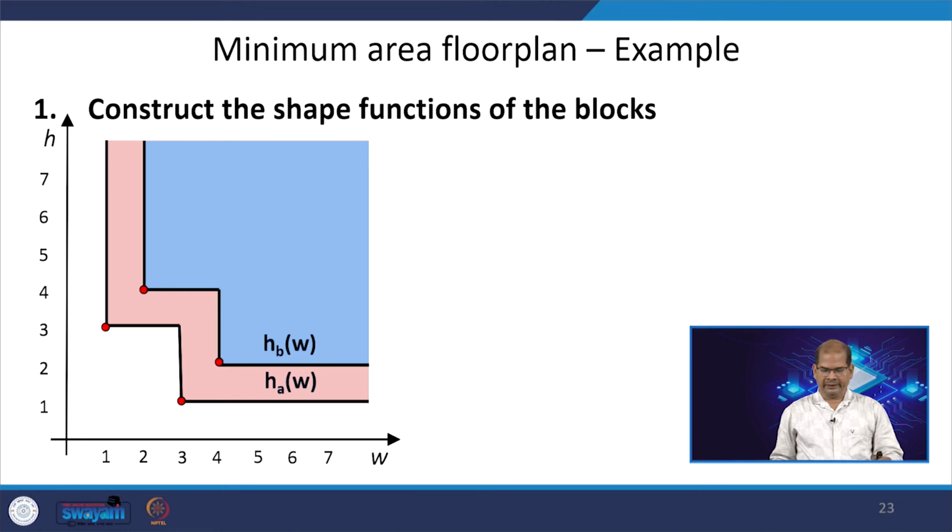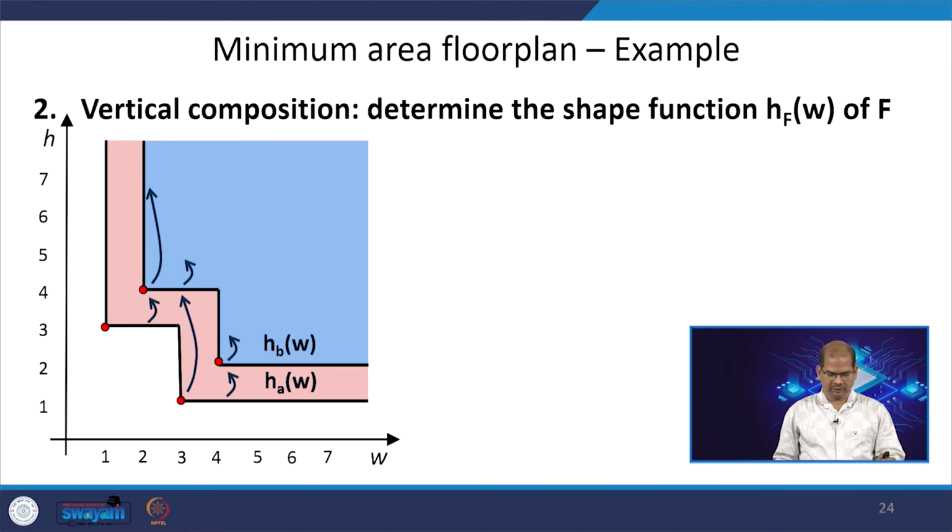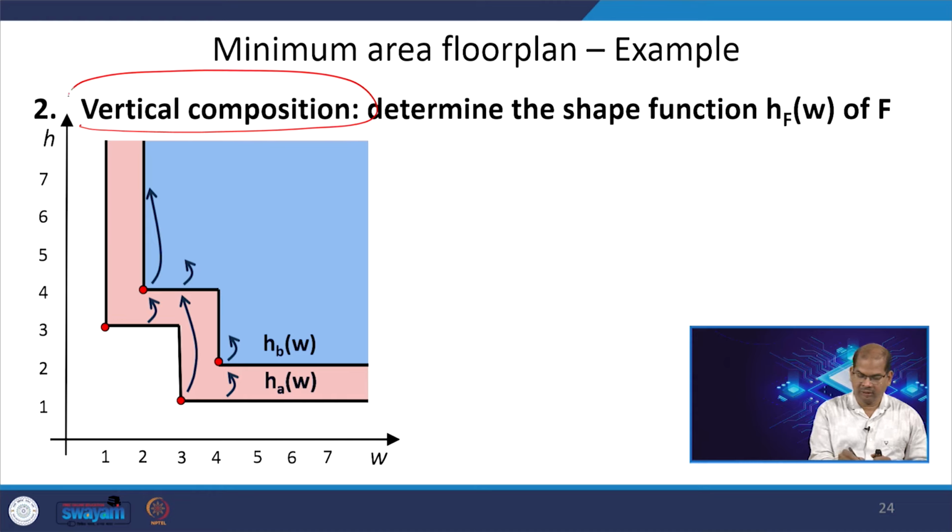Now my final goal is to find the minimum area floor plan. So I plot both of them together in the same graph. Now I have block A and block B. If I add both of them, here I am doing vertical composition, one above the other.